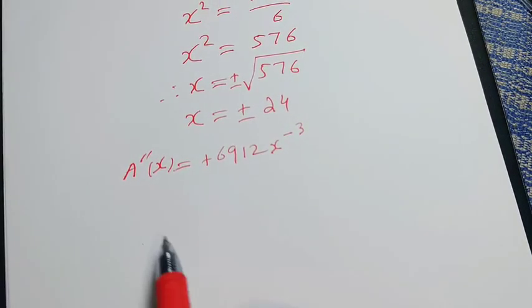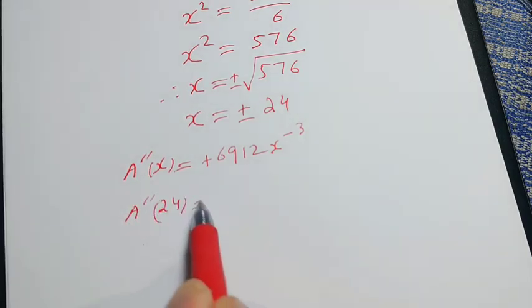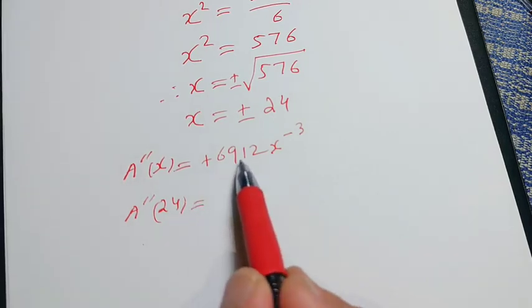Now I can put in the second derivative. First I put positive 24 to check. Let me also rearrange here.